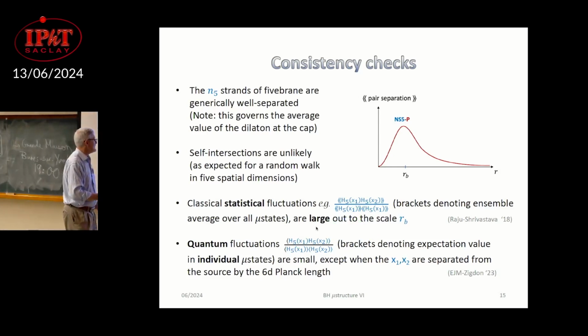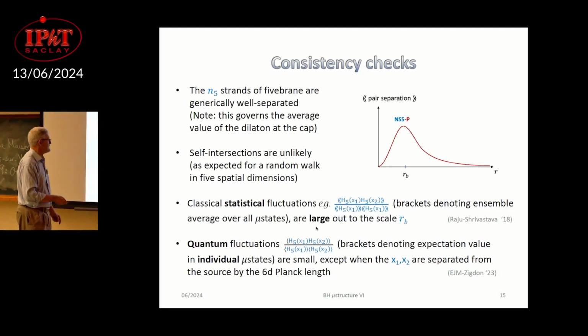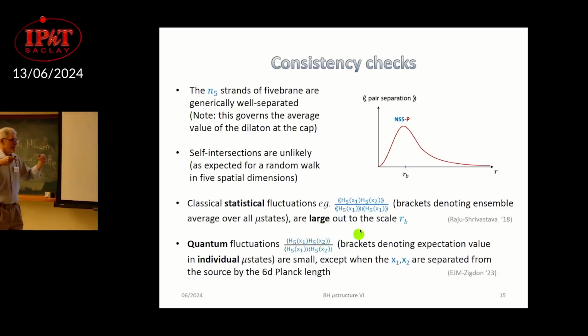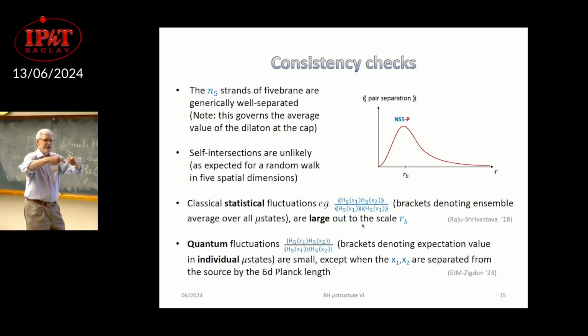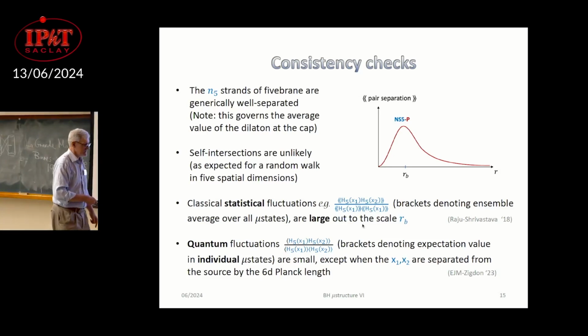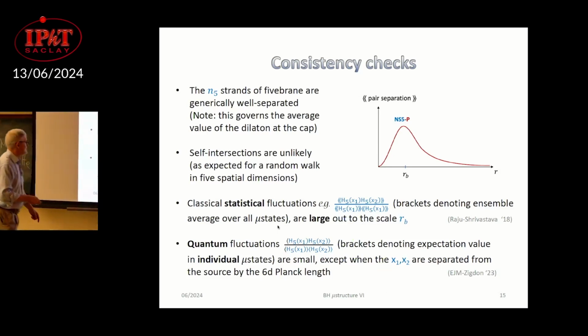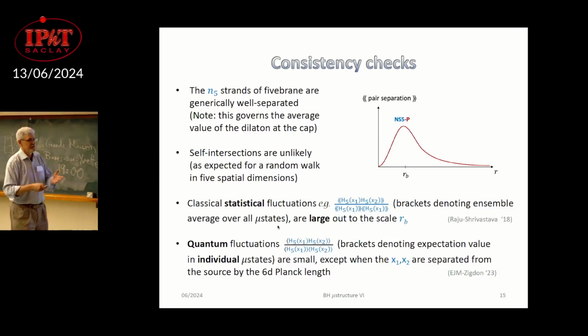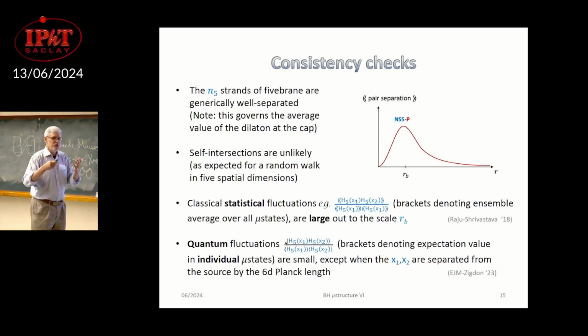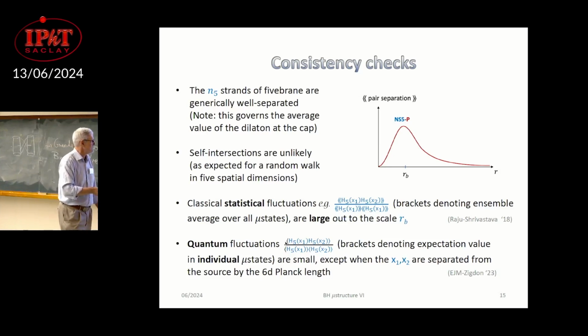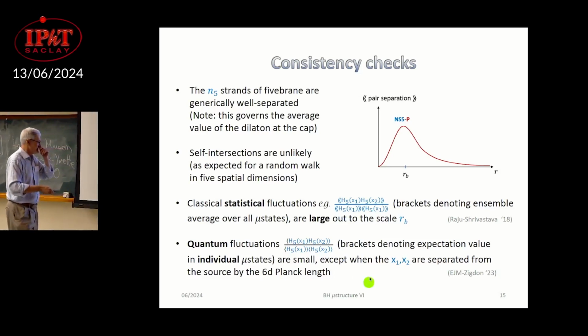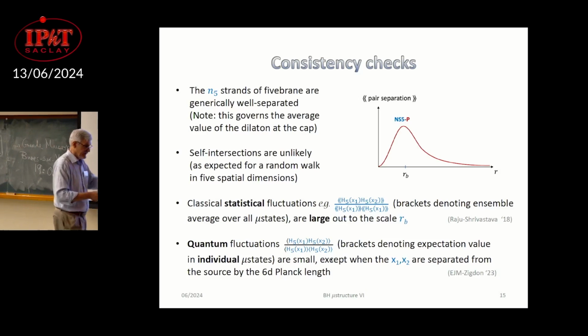And what we saw was that until x1 and x2 are basically Planck scale distance from the five-brane source, this is tiny. And so that's what you would expect, right? I mean, from this effective string picture. You usually trust the classical geometry of a string until you get to within a string length of the source. And in this case, the string length of the source is something related to the Planck length, because it's a five-brane.